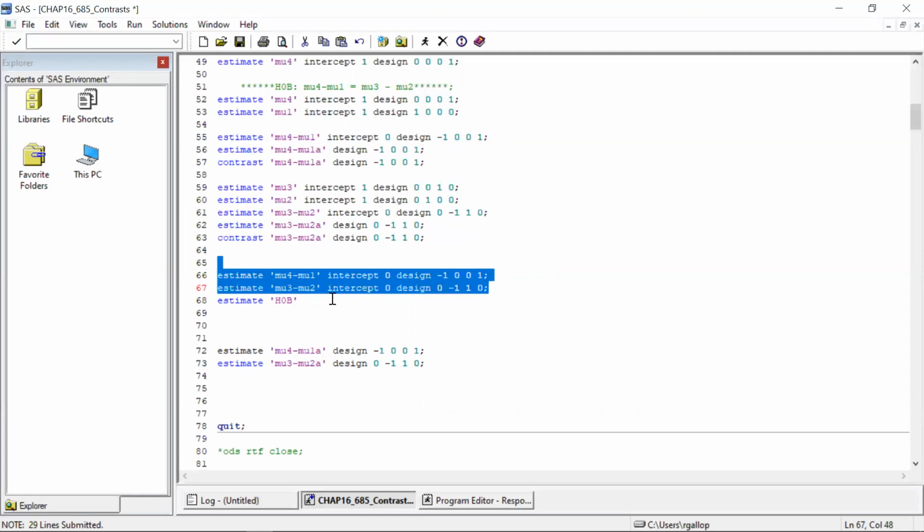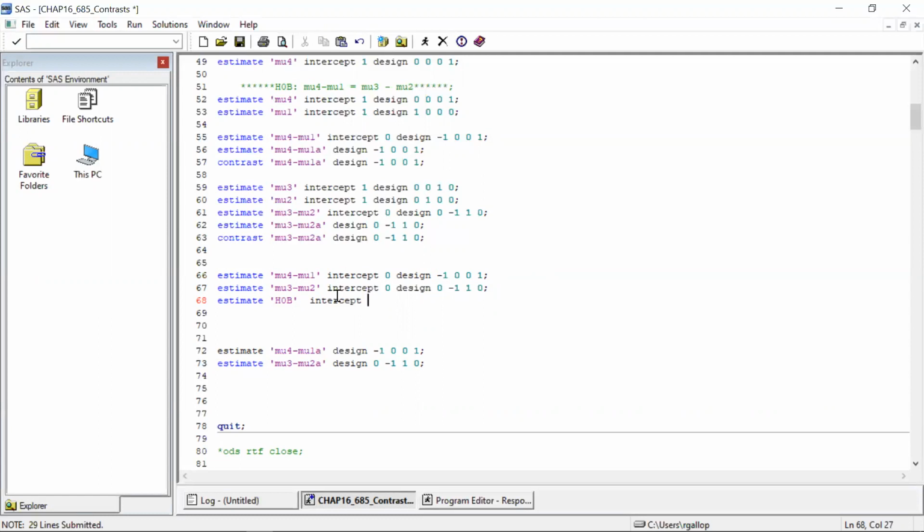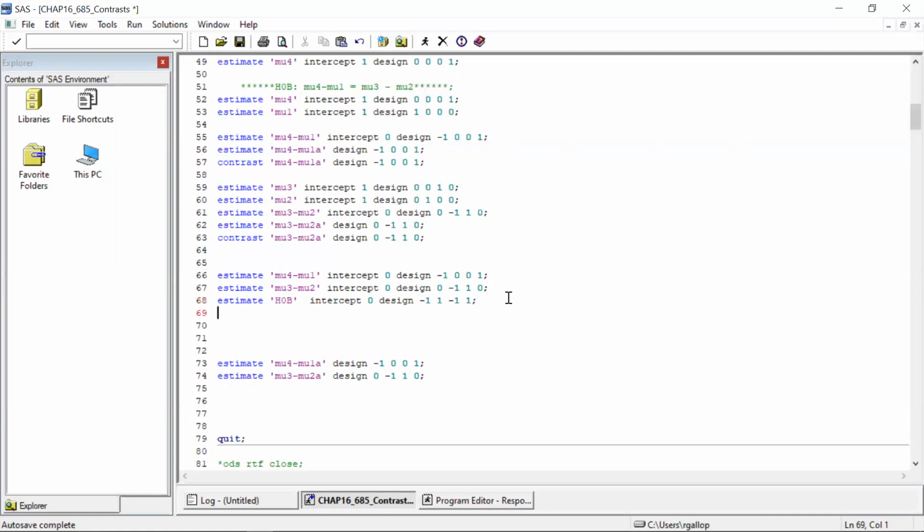That's the contrast. To do this contrast, again, it's nothing more than subtracting coordinate-wise. 0 minus 0, 0. Design, minus 1 minus 0, minus 1. 0 minus minus 1, 1. 0 minus 1, 1 minus 0.